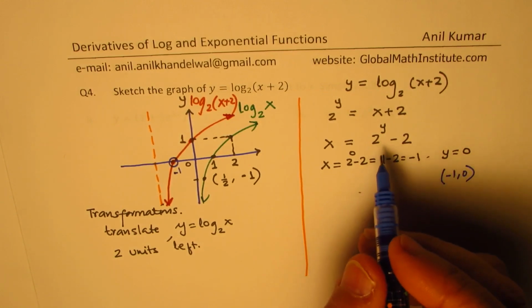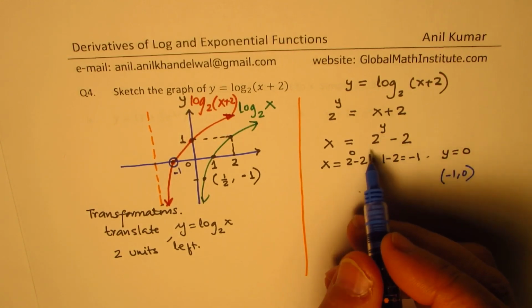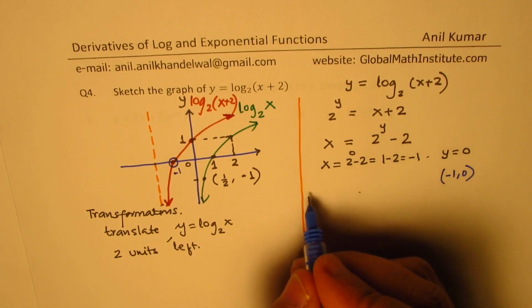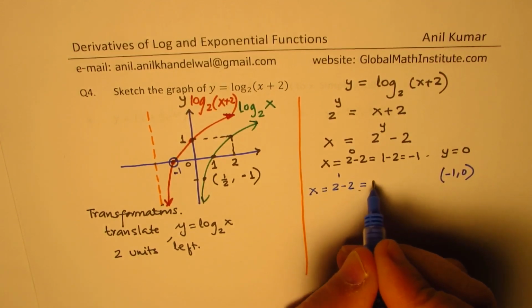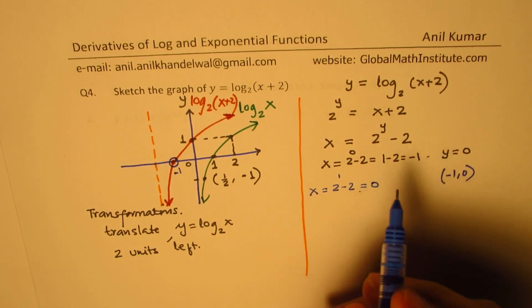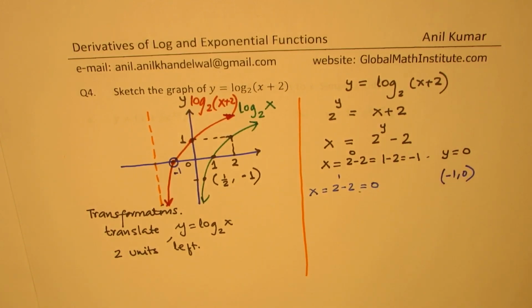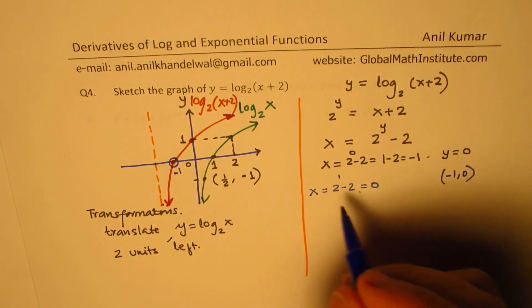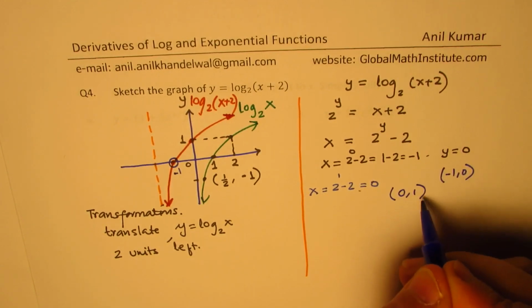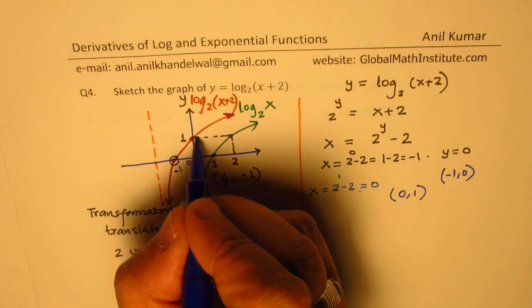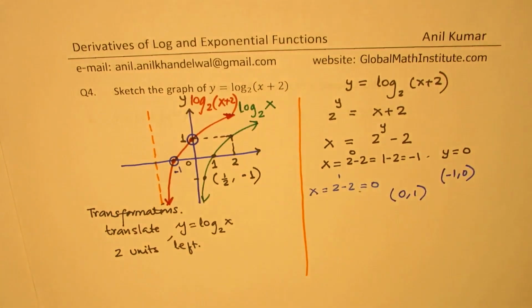Now, if I substitute 1 for y, we get x equals 2 to the power of 1 minus 2, which is 0, right? So we have another point here, which is (0, 1). So at 0, the y value is 1. So that is the next point. Do you see that part?